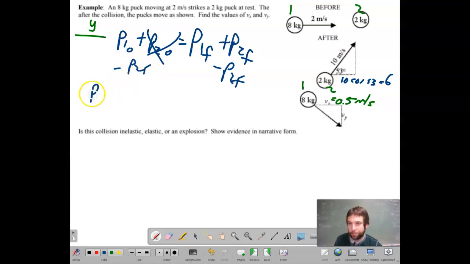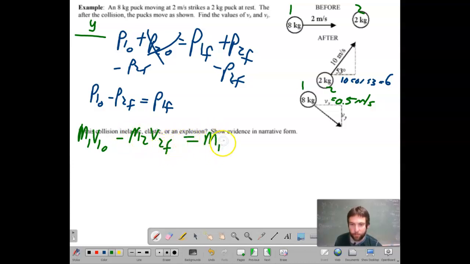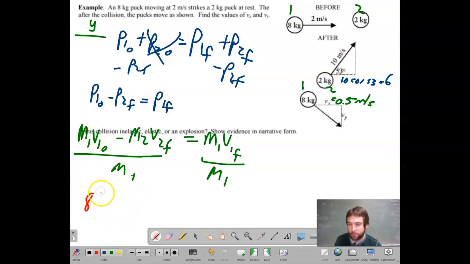we get P1 naught minus P2F equals P1F, which is the same thing as M1 V1 naught minus M2 V2F equals M1 V1F. Dividing by M1 on each side will give us our final velocity, and now we can plug in our numbers. And when we do that, we have 8 times 2 minus, be careful when plugging all of this into your calculator in one step.